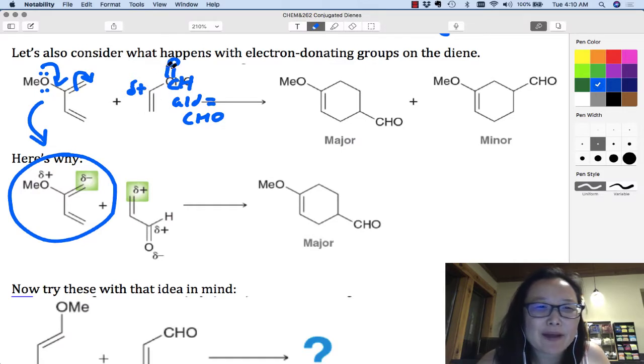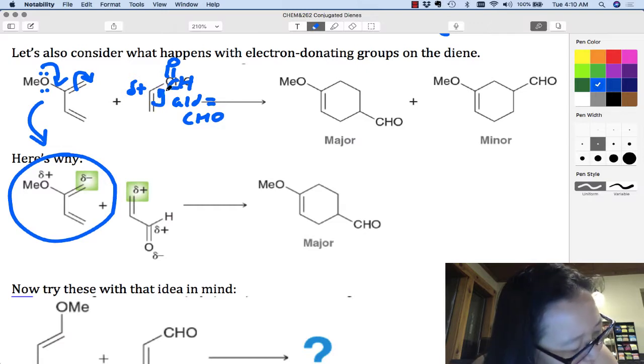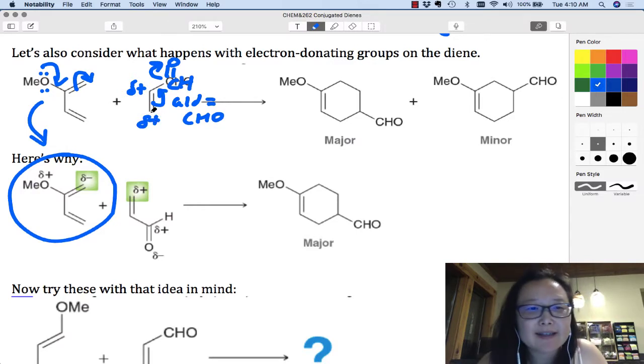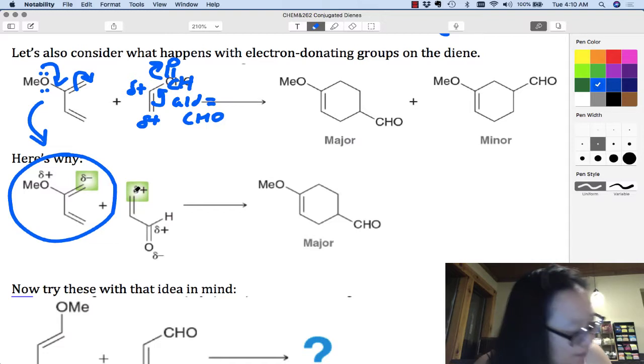Now, if we think about this, we also have resonance where we move these electrons up like that. So that puts more positive charge on this end carbon, and that's why it's flipped here, because there's more positive charge here.